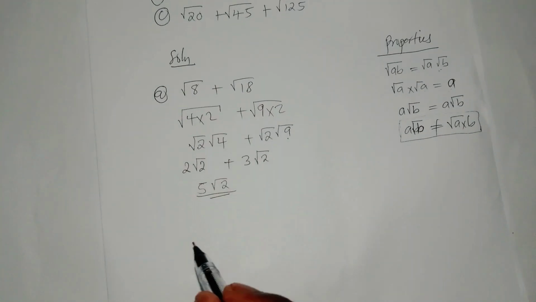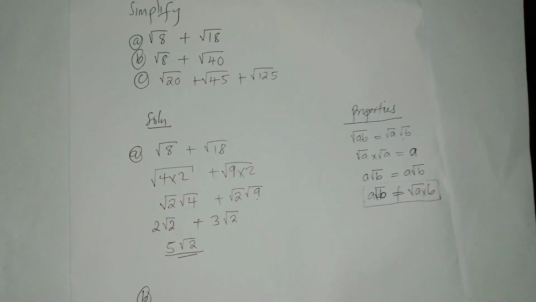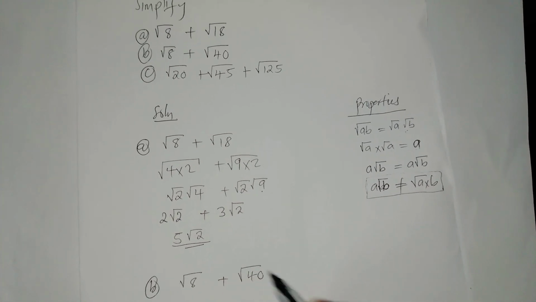Let's quickly run to the next question, B. We have root of 8 plus root of 40.